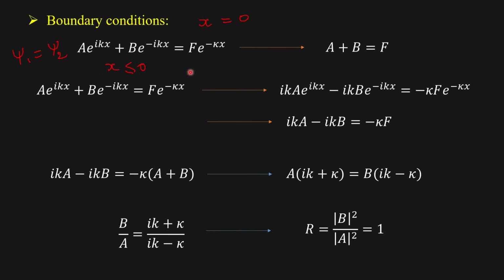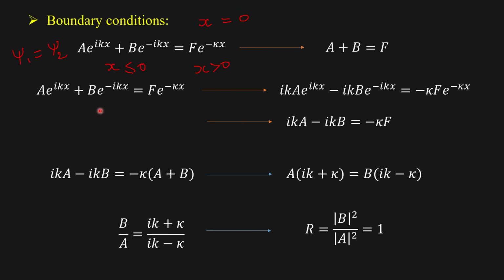And psi 2, when x is greater than 0, is F e power minus kappa x. At the boundary x equal to 0, e power 0 is equal to 1, so this becomes A plus B equal to F.